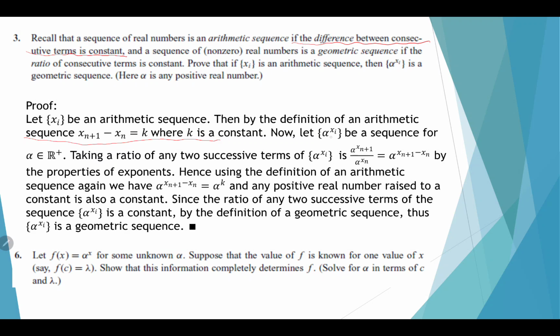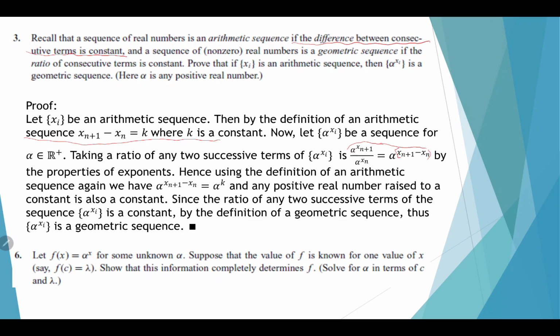Now I'm going to let alpha to the power of x sub i be a sequence for alpha in the real numbers. Taking a ratio of any two consecutive terms, these are all alpha, and these are all in a power.